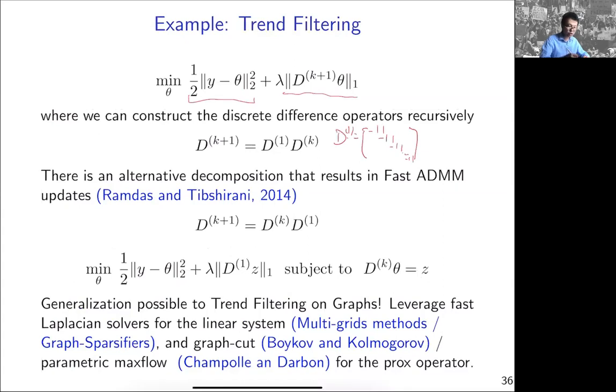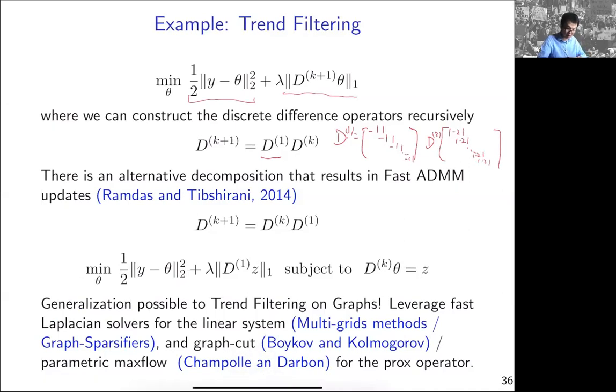And you can recursively apply this first order difference operator and then construct the second order and third order difference operators. For instance, the second order would be 1, -2, 1, 1, -2, 1. You have this convolving kernel in the middle that resembles the discrete derivative of the k plus first order.